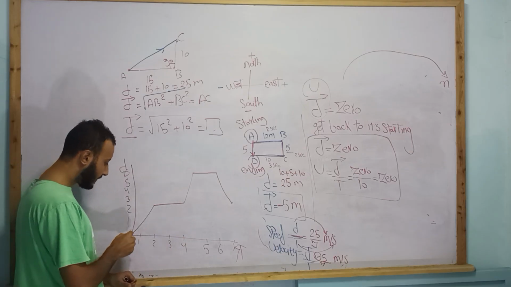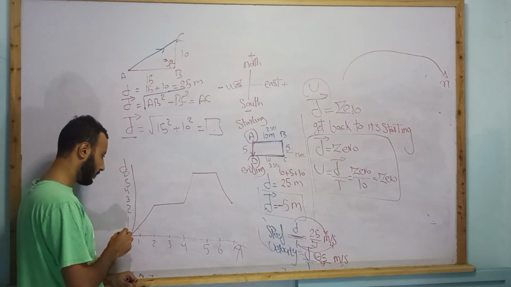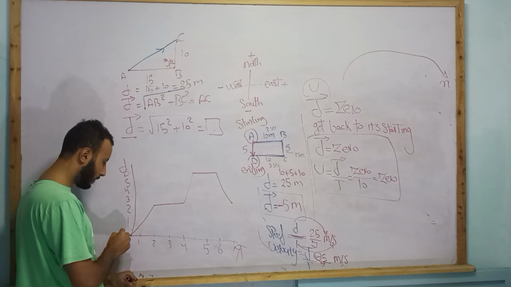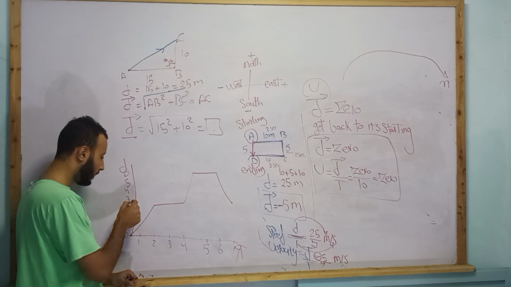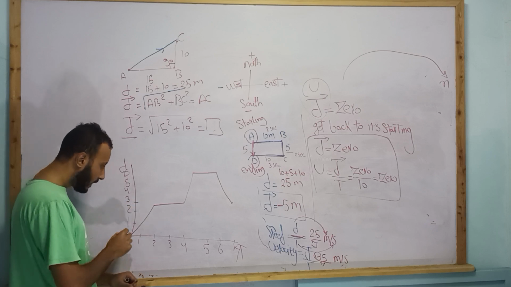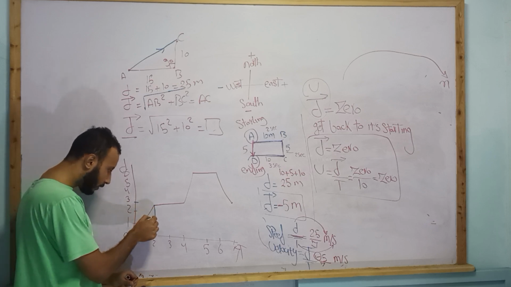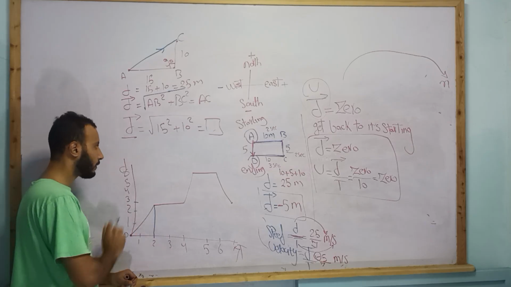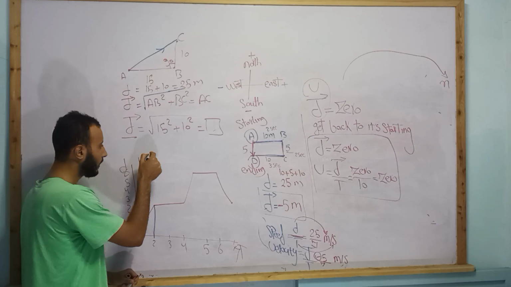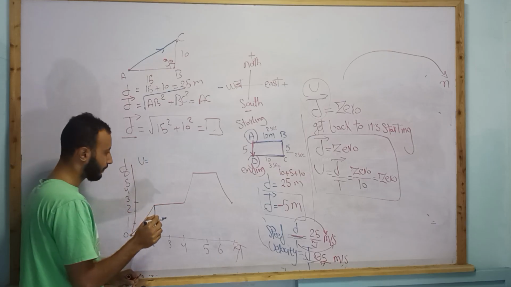Okay? The car at the beginning was moving like this, from meter number 0 to meter number 1. Okay? Means from rest to meter number 1, then to meter number 2, then to meter number 3. It gets to meter number 3 after 2 seconds. Okay? So how can we get the velocity? We know that velocity is equal to displacement over time.